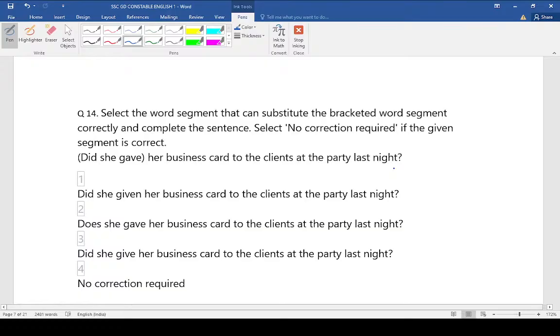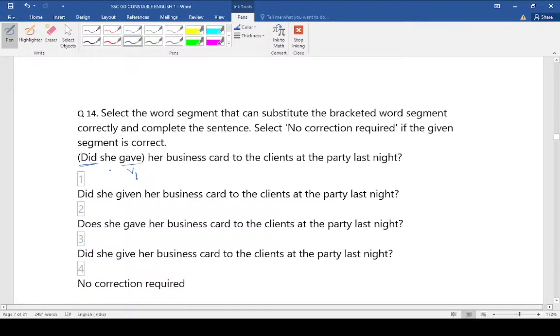Now, did she give her business card to the clients at the party last night? See here, did represents the past tense. When we start with the past tense did, we already used did, which means here we have to use the verb in the form of V1.